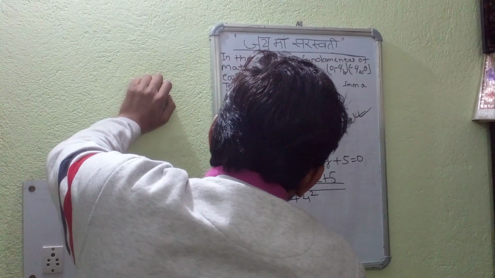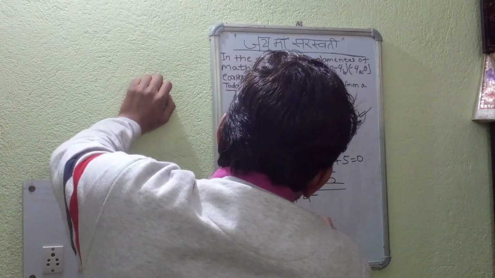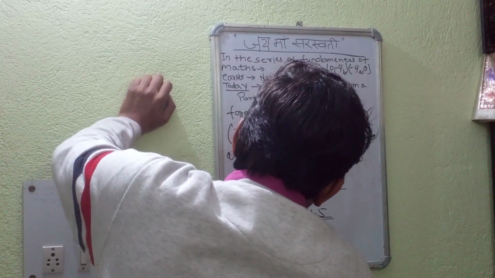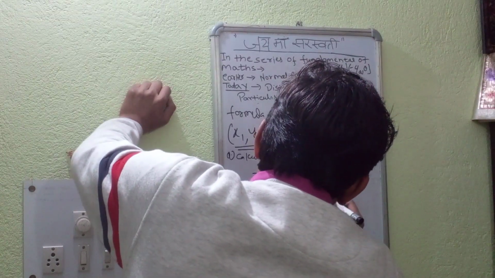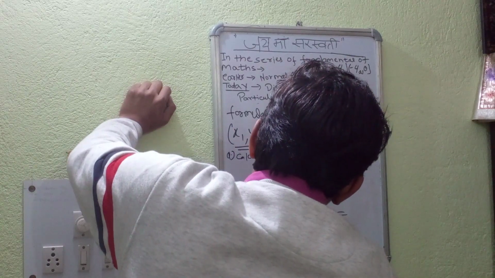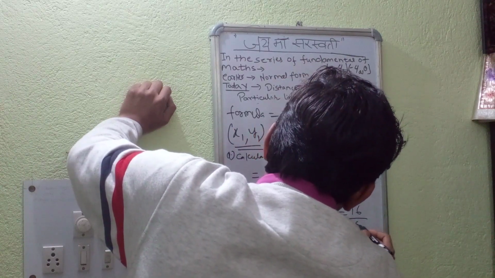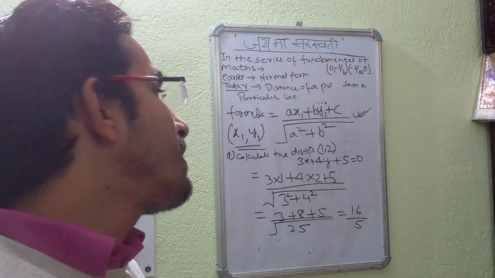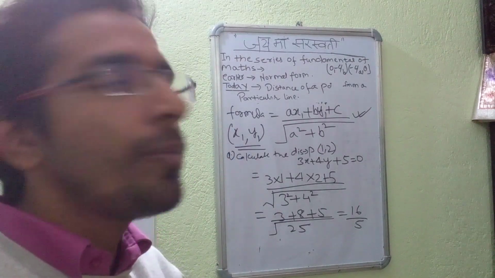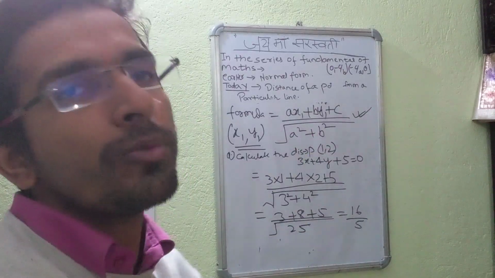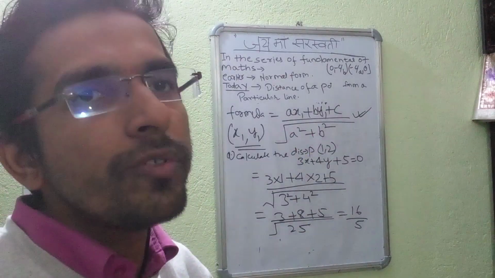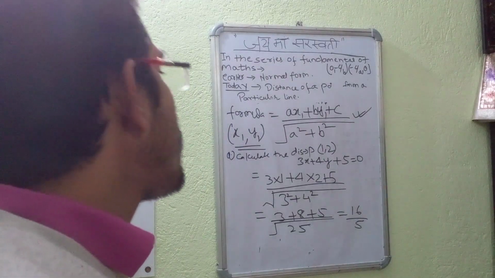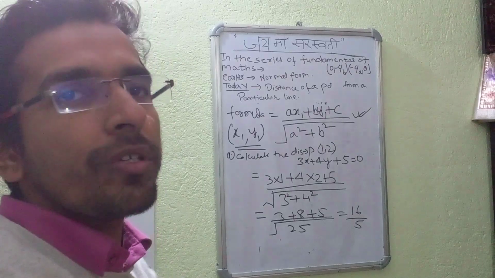So it will be 3 plus 8 plus 5, which will be equal to 16 by 5 units. So that point 1, 2 is located 16 by 5 units from this equation 3x plus 4y plus 5 is equal to 0. In this way, we are calculating the distance of a particular point from the equation of the line.